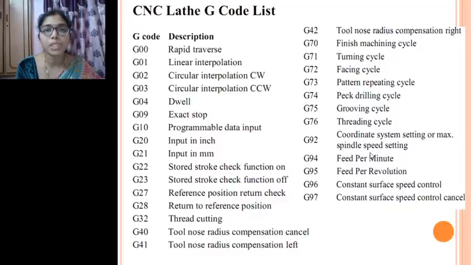G codes tell what operations are to be done, how the operation has to be done, where the tool has to move, and in which path it has to move. This is the information which will be given by G code.